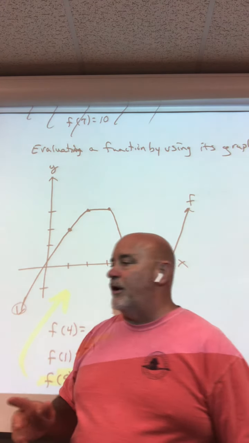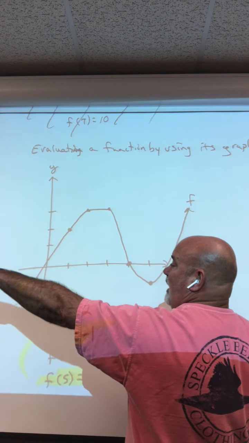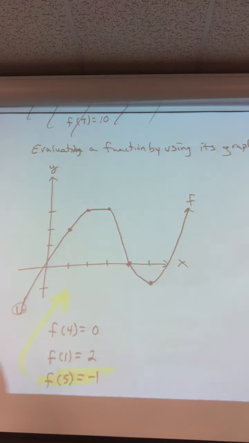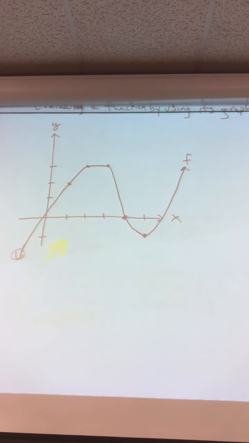All right, so here's what we're going to do. We're going to do this one together. First, how far does this graph go left? To negative infinity. So, slide this up a little bit. All right, let's start tracing this graph. Okay, is this graph increasing or decreasing as I trace it?